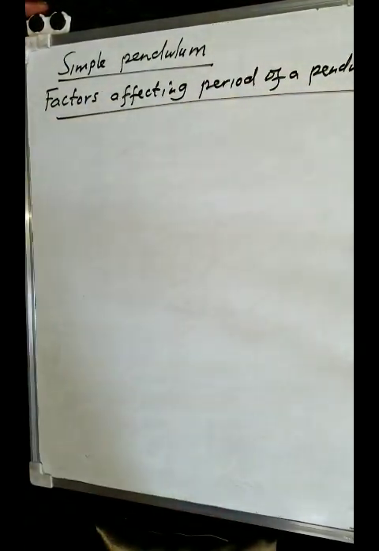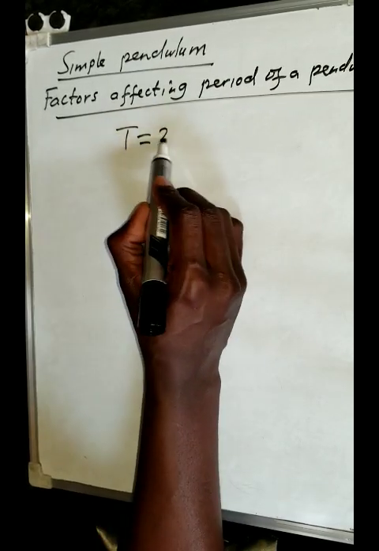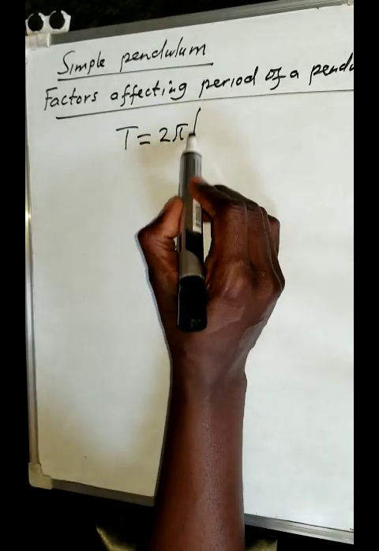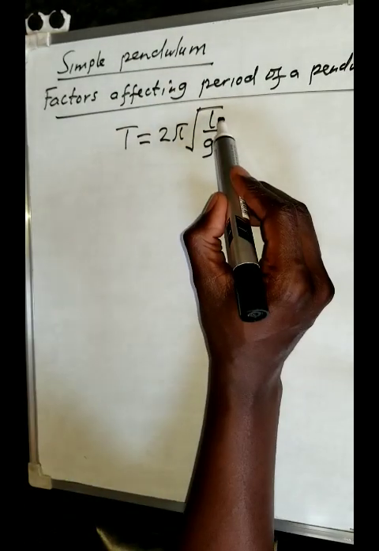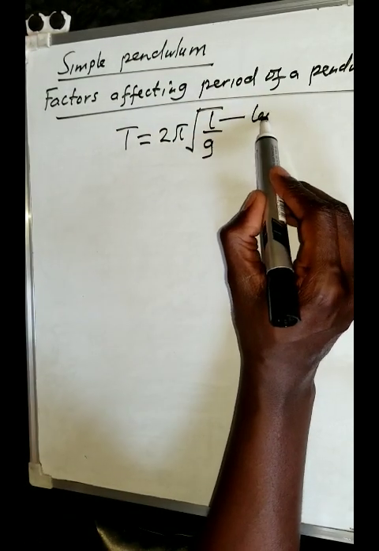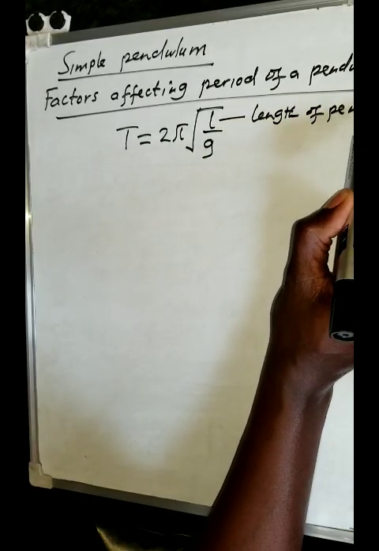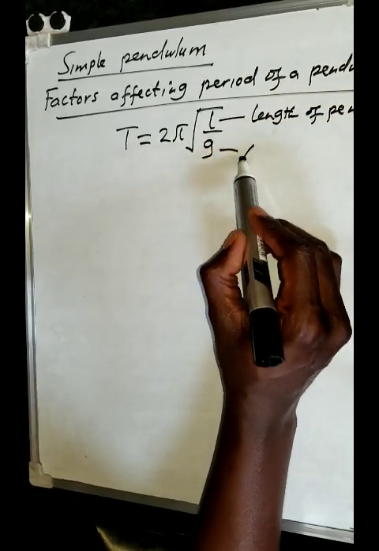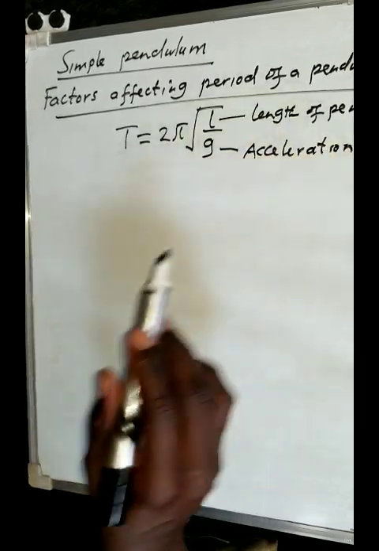Well, if you remember the formula that I gave you at a more advanced level, period can be given by 2 pi, then the square root of the length divided by g. In this case, L is representing the length of the pendulum, and g is representing the acceleration due to gravity.